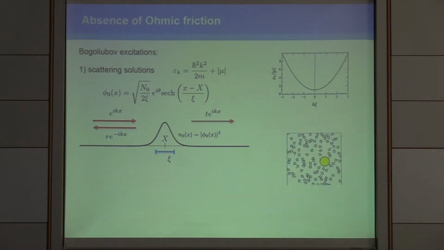In order to understand this a bit better, we have to look at excitations in this bright soliton background. So in one dimension, the dispersion of excitations is characterized by a momentum, which is an asymptotic ingoing or outgoing momentum of the excitation. And since the condensate is bound in this droplet form, there is a minimum excitation energy that needs to be overcome in order to excite quasi-particle excitations.